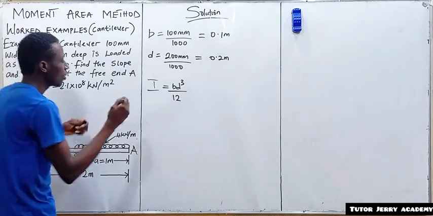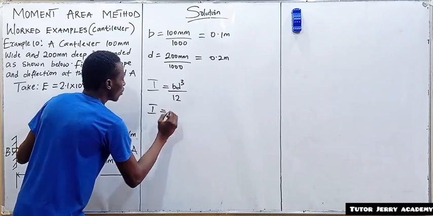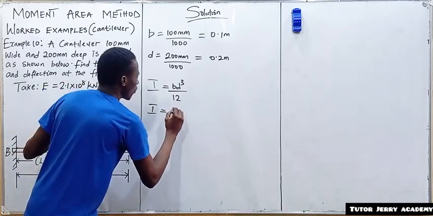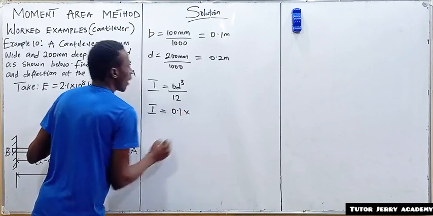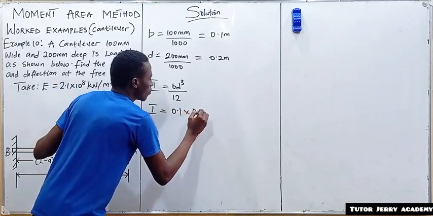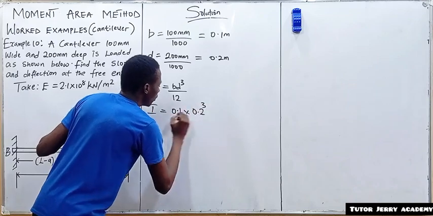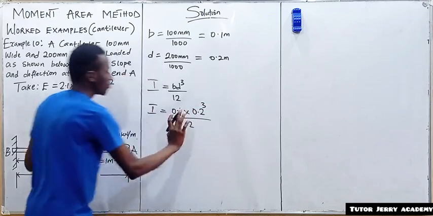Now let's substitute. We have I equal to B, which is 0.1, multiplied by our depth, which is 0.2 to the power of 3, all over 12. This is very simple.